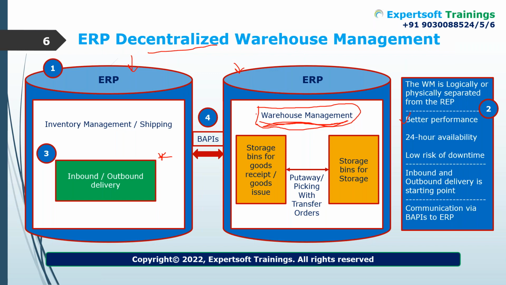If you separate this module, performance will be better. You have 24 by 7 availability and low risk of downtime. And as I told you, to activate this you need inbound and outbound delivery as a starting point, otherwise it is difficult to integrate. For communication, it used the standard BAPI connector, as I mentioned here in point number 4.